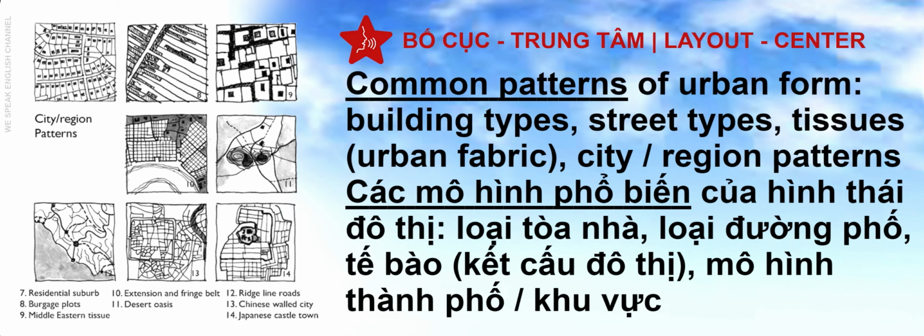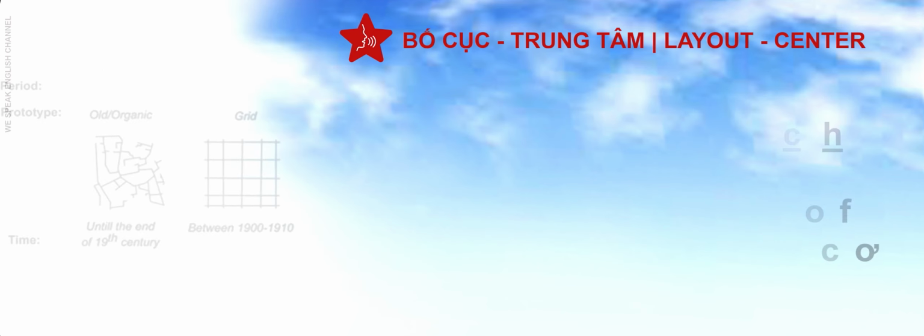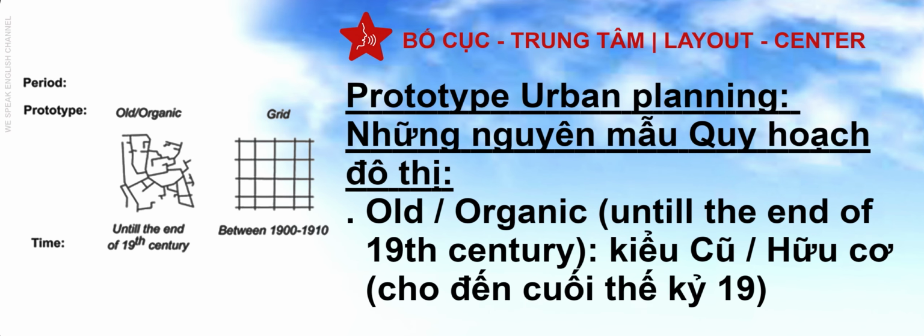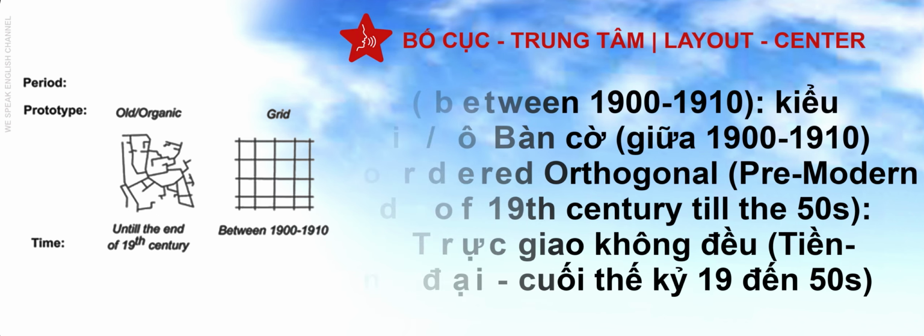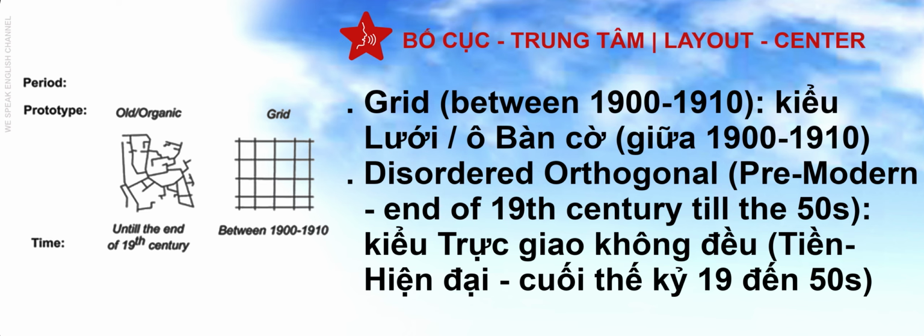Common patterns of urban form, building types, street types, tissues, urban fabric, city, region patterns. Prototype urban planning. Old, organic, until the end of 19th century. Grid, between 1900 to 1910.